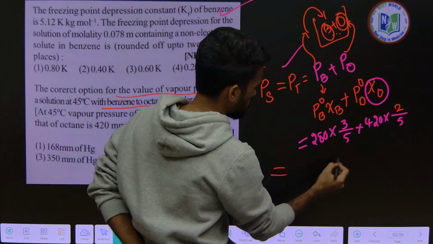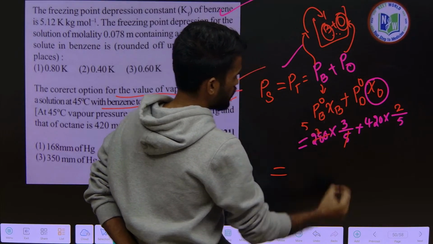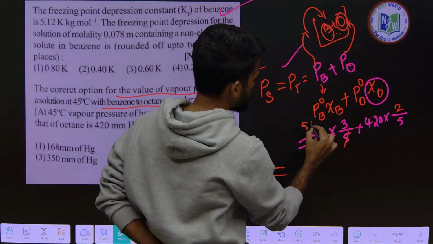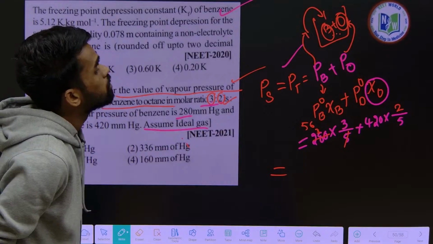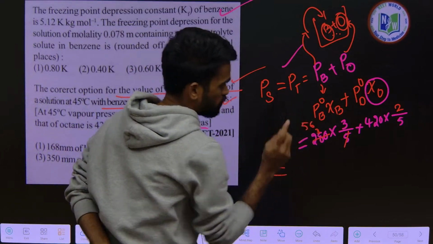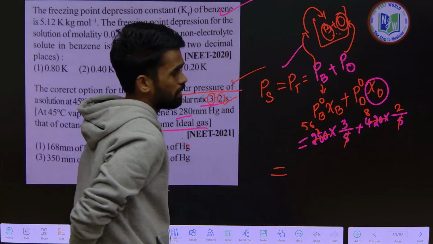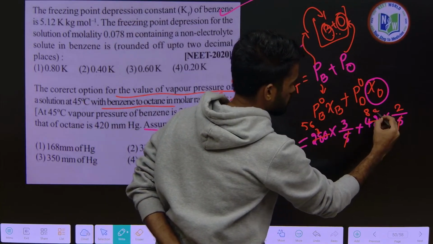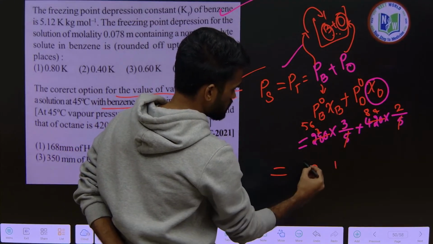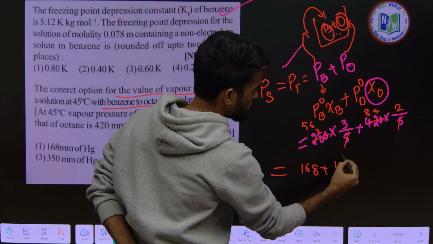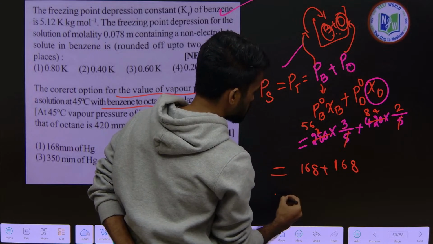So 5 ones are 5, 5 twos are 10, and we have 3 here. We can write 56 here. Hope this is clear. Next, 420 by 5 is 84, and multiplied by 2 is 168. So 168 plus 168 gives 336.